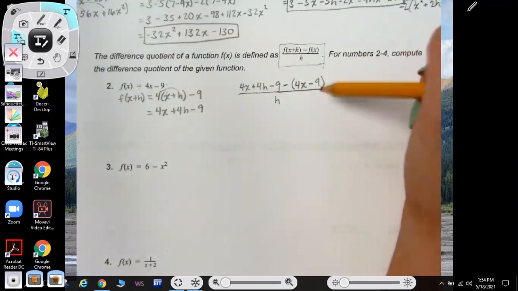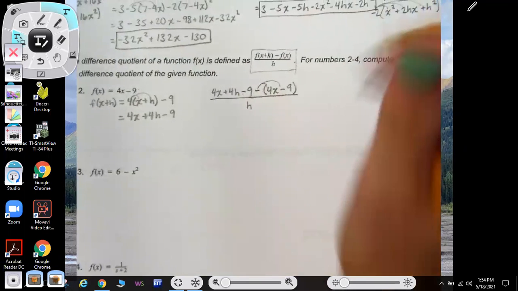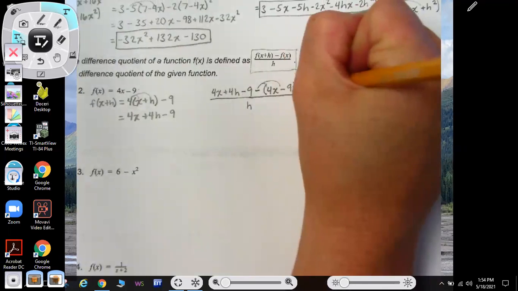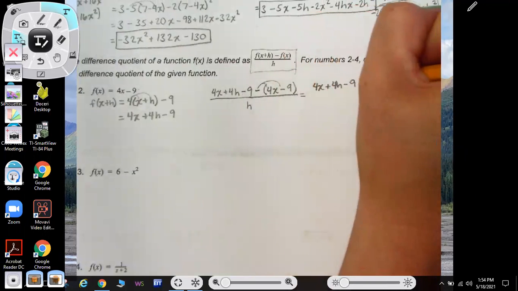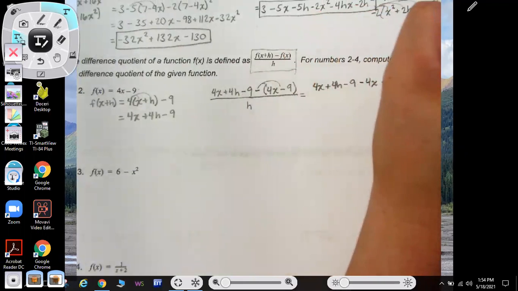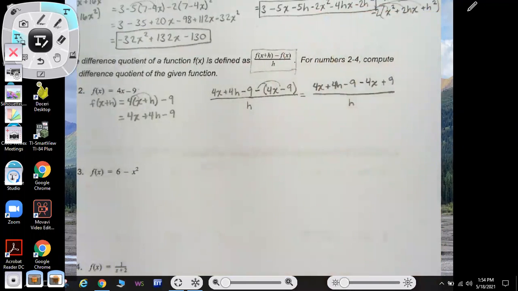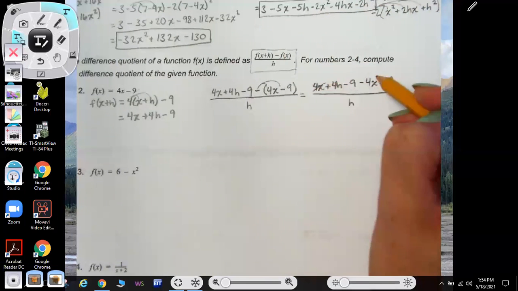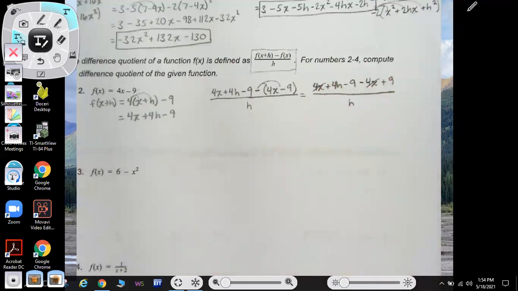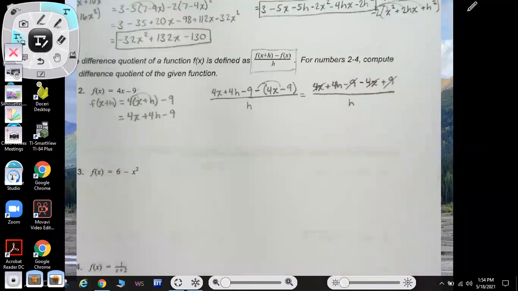To get rid of these parentheses in the numerator, we need to distribute the negative. So we get 4x plus 4h minus 9 minus 4x plus 9, all of that over h. Now if we combine like terms in the numerator, we've got 4x minus 4x, that's 0. And we have -9 plus 9, that's 0.